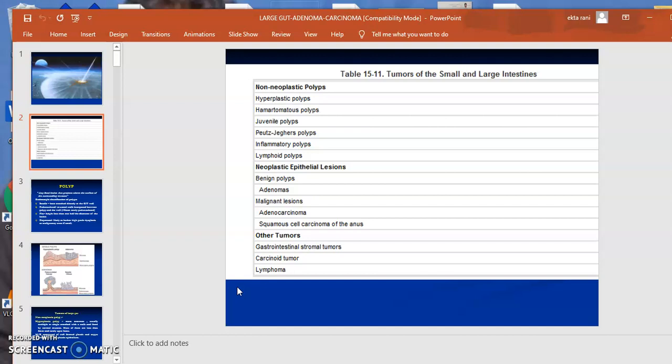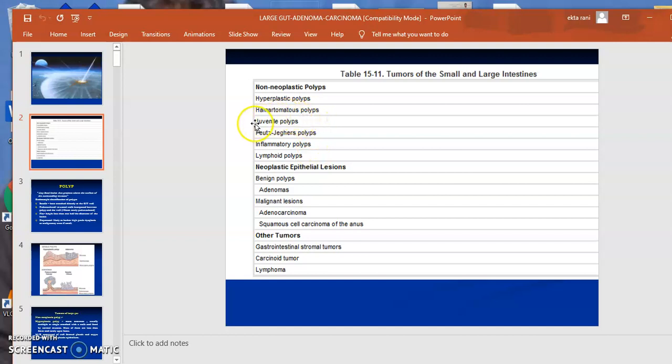So polyps are divided into two categories mainly: non-neoplastic polyps and neoplastic polyps. Non-neoplastic polyps include hyperplastic polyps, hamartomatous polyps, juvenile polyps, Peutz-Jeghers polyps, inflammatory polyps, and lymphoid polyps.